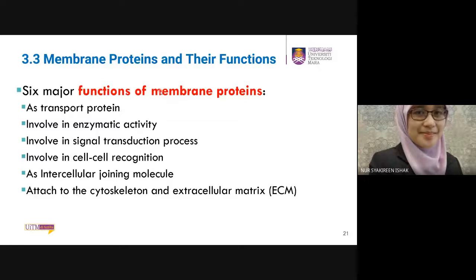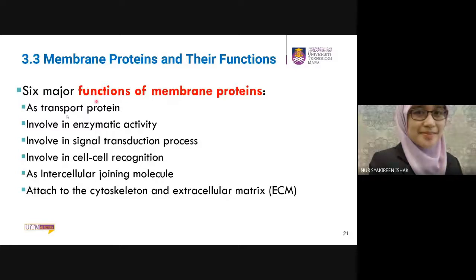It sends a signal to the cell to take glucose from outside the cell, bring it into the cell, and convert it to glycogen. That is the function of the hormone. So a hormone made from protein will bind to this membrane protein and trigger a series of reactions inside the cell to catalyze or be involved in certain processes inside the cell.